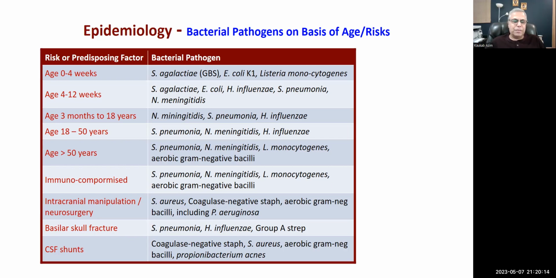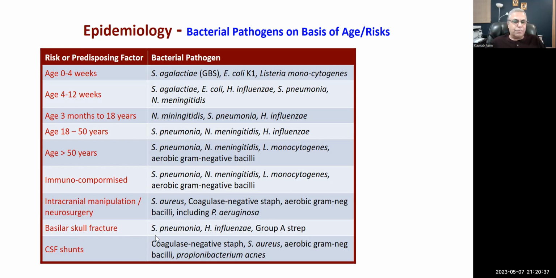This is an invasive procedure, right? There are instruments going inside the brain. So you can get Staph aureus or coagulase negative staph, which are epidermidis and saprophyticus, if you remember. Aerobic gram-negative are there again, including Pseudomonas. So things are becoming a bit more serious over here.